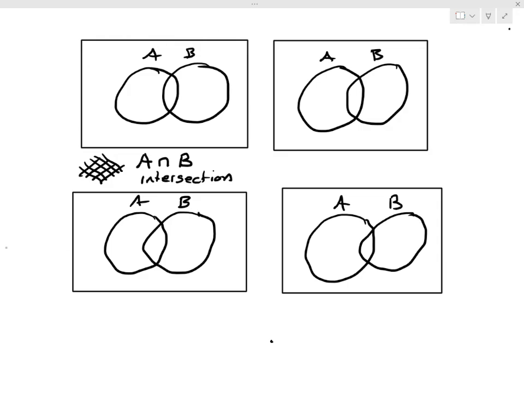If we take it one at a time, we do everything that is in A, that way. And then we flip and we do everything that is in B.